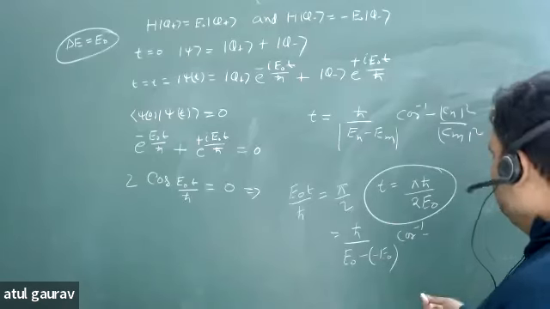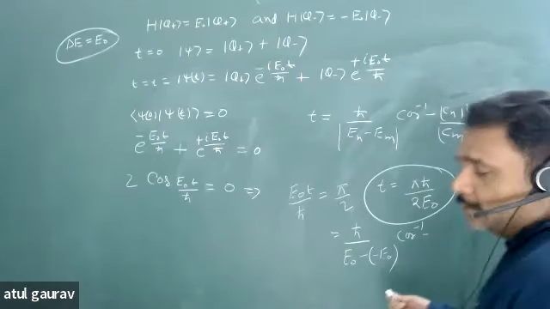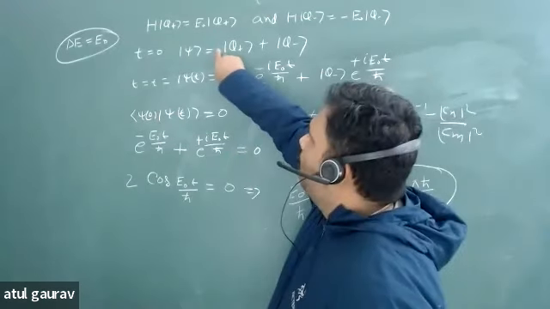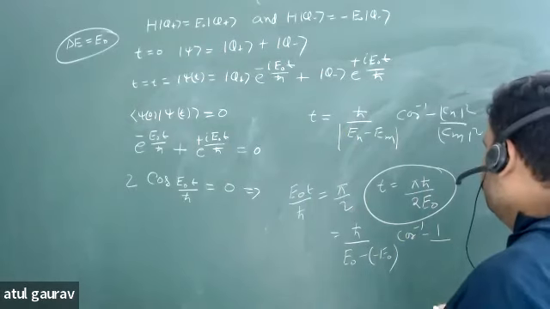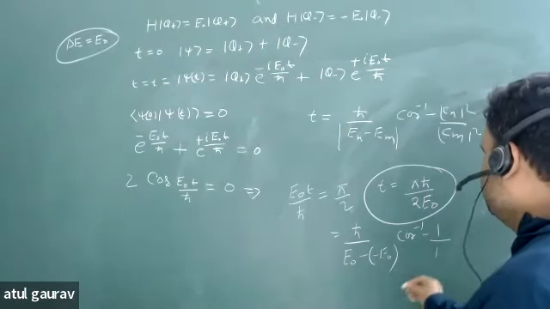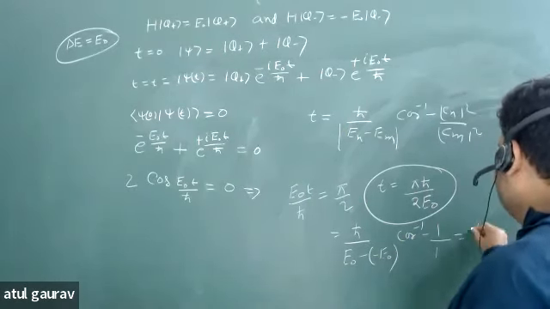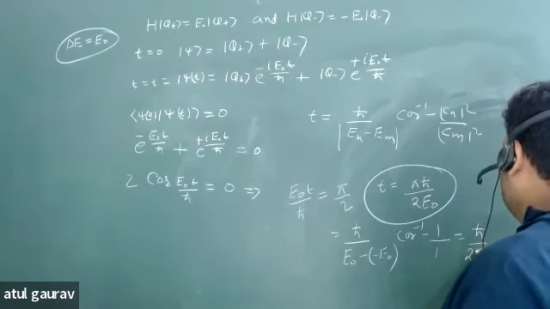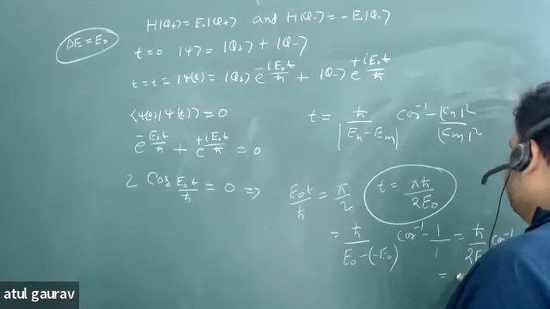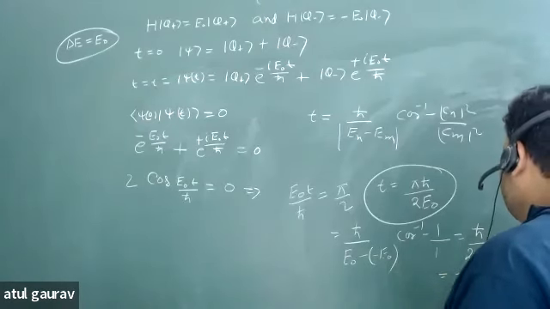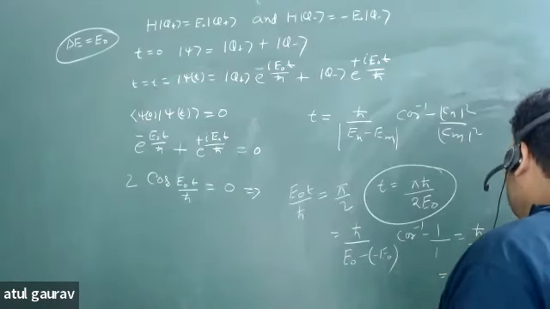What is your Cm square? 1. So that value is equal to h cut upon 2 E naught cos inverse minus 1. So you will get exactly pi h cut upon 2 E naught.